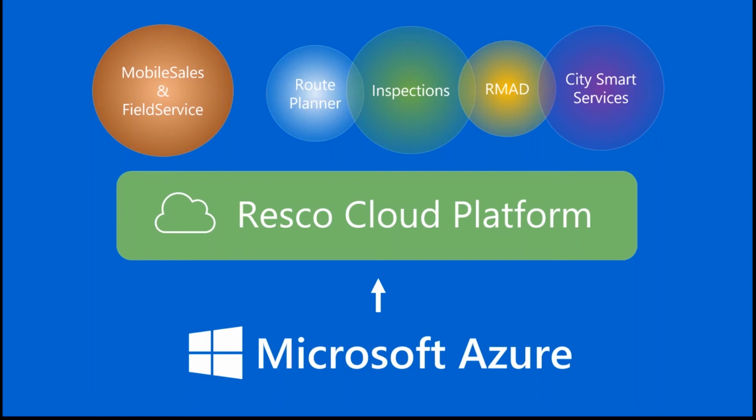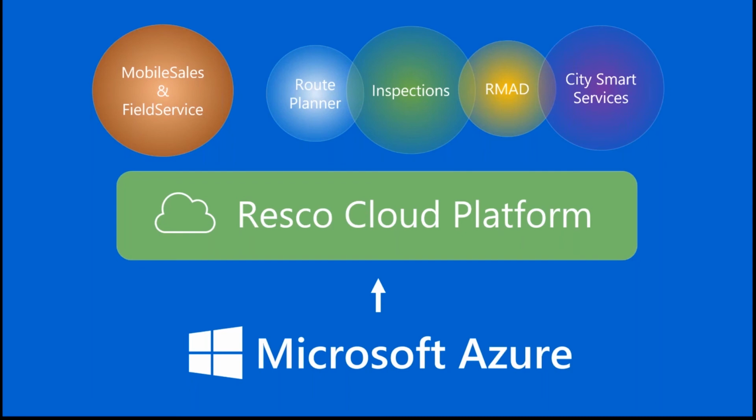2 additional ones: Resco as a rapid mobile application development platform. So really Resco as a solution that can be used for any type of business enterprise application, especially when it comes to mobility. And the last one, the solution that we created for municipalities, city smart services, a new innovative way for cities, towns, municipalities, or governments to communicate with their citizens.